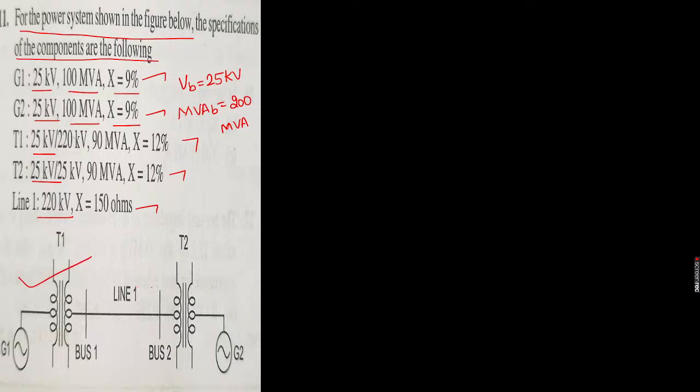It is shown in the diagram. You can see that. And here you can observe there is a mistake in this voltage rating. Actually, the primary voltage must be 220 kilovolt, because just now I observed the transmission line voltage and the secondary of the first transformer. The same voltage must appear at the primary side of the second transformer.